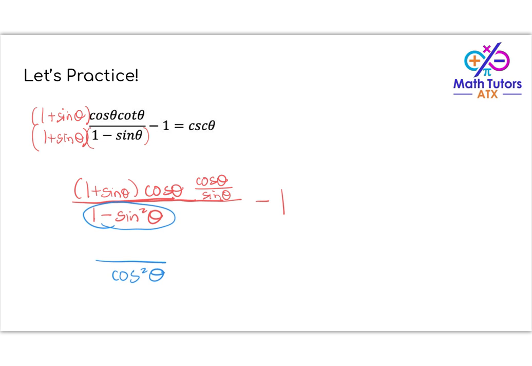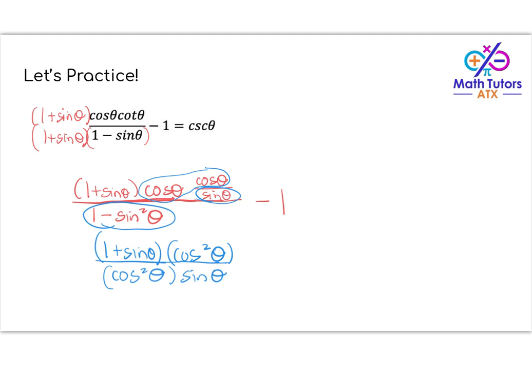Great. The other thing I'm going to do is this sine right here that's in the denominator, I'm going to put it right here because that's technically where it goes. These two combine to be cosine squared theta. And then I still have my 1 plus sine theta.